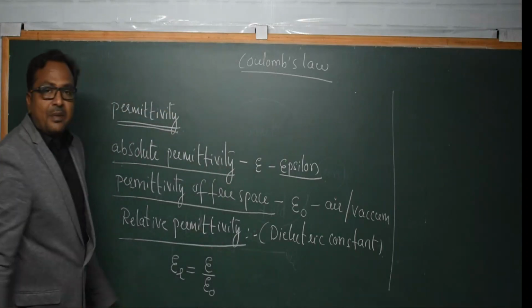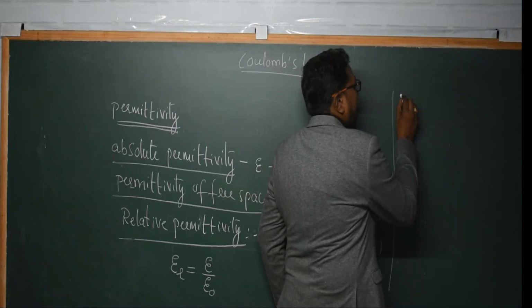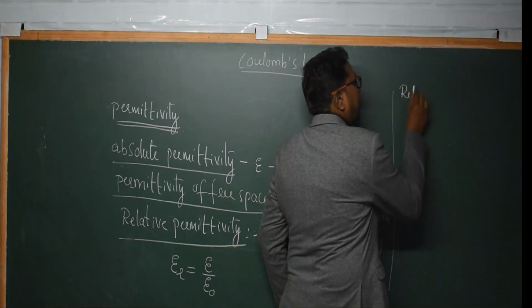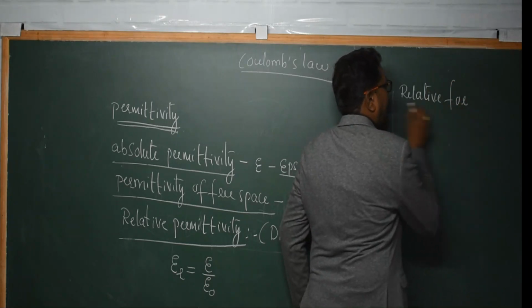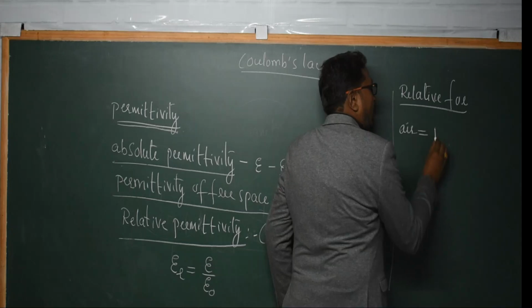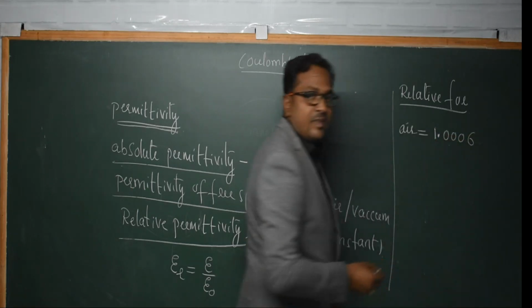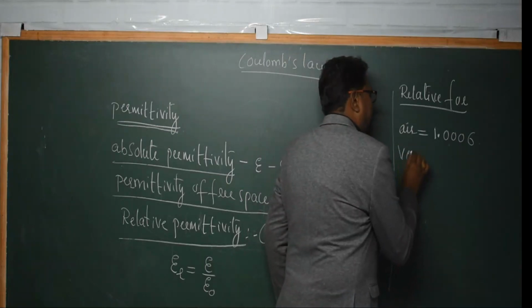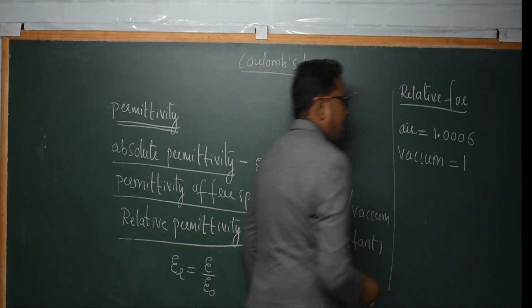And this relative permittivity for air is 1.0006, and for vacuum it is 1.